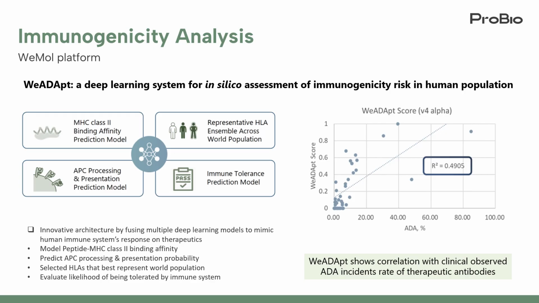In this system, besides epitope peptide binding affinity, a bunch of indicators including APC process, presentation probabilities, selection of HLA subtype, immune tolerance will be taken into considerations. This platform showed a decent correlation with clinical observation of ADA positive rate.